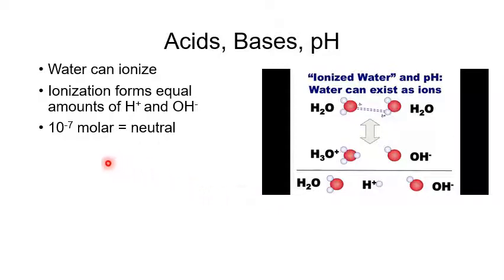Okay, not a large amount. Most of it will be water, but a very small amount of the water molecules will ionize to hydrogen ions and hydroxide ions. Okay, I'm going to make a point of this now because you may hear me call this hydrogen ion, or also called a proton.